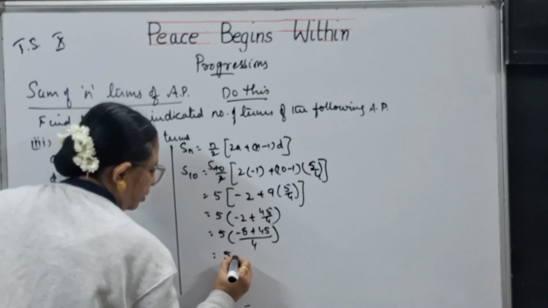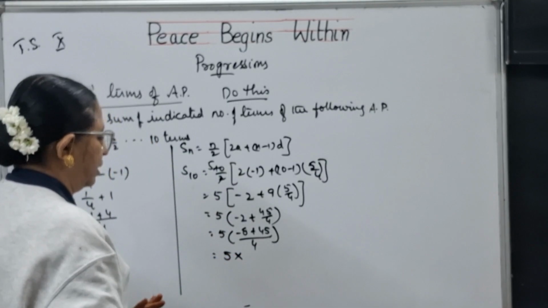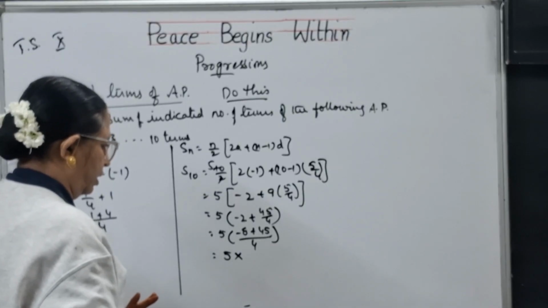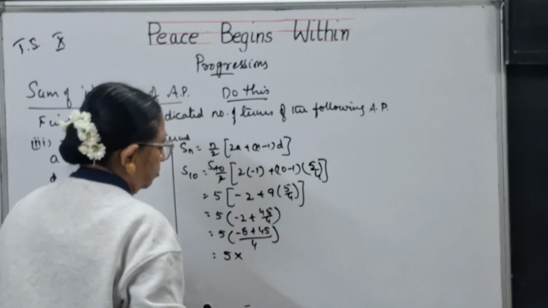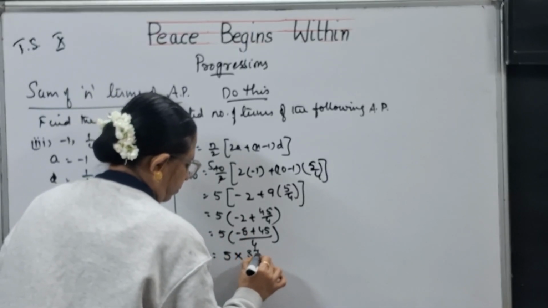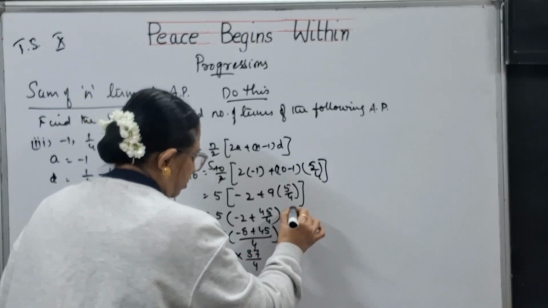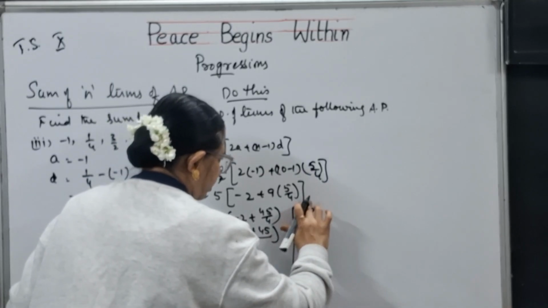That is 5 into, from 45 if you subtract 8, 37. 37 plus 8 is 45. So 37 by 4. That means this is equal to 5 into 37.